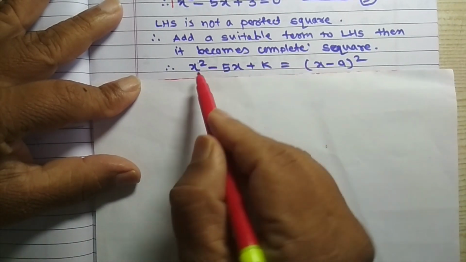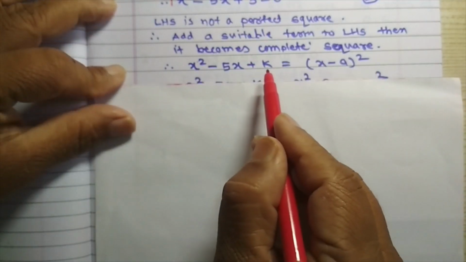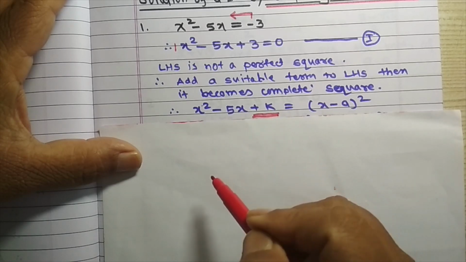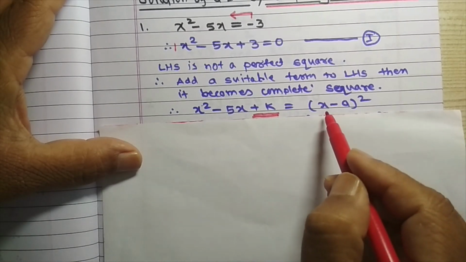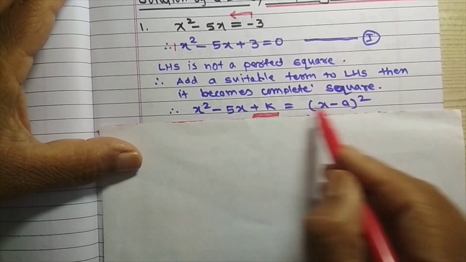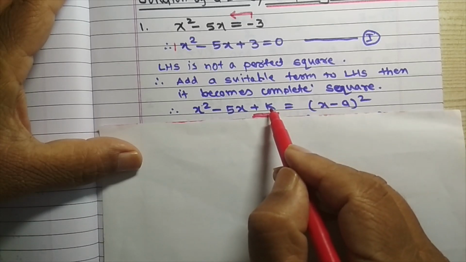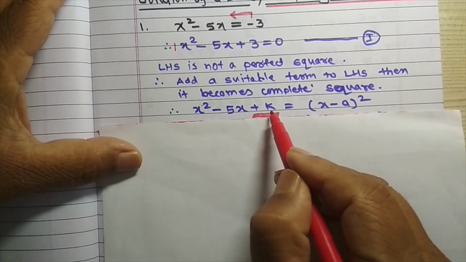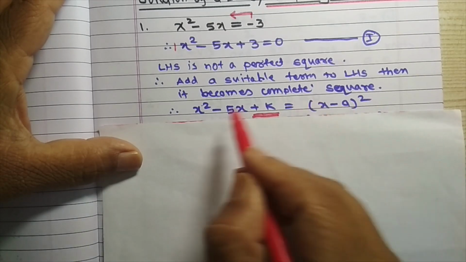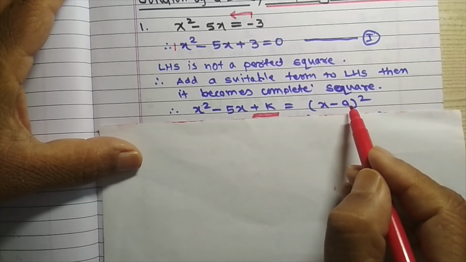Okay, see here. We have to consider that suitable term as k, means x square minus 5x plus k is equal to 0. That suitable term we have to take as k here. And it means we have to consider the square of the first term, that is a. We have to suppose that the added number will be k, and we have to suppose that it will be x minus a bracket square, middle sign will be minus, and that added term we have to calculate finally.